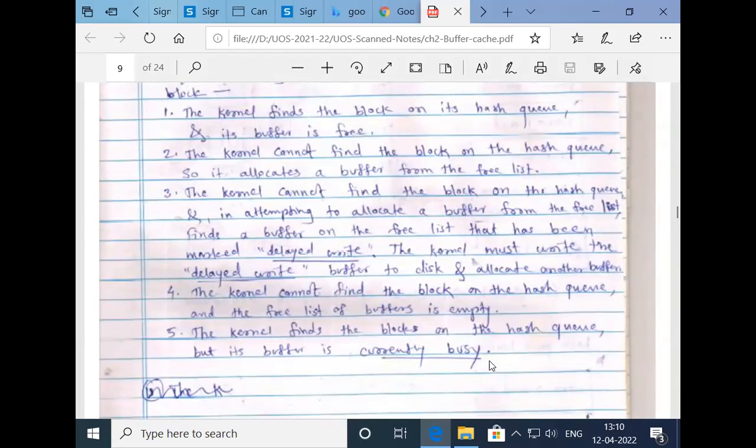Only this is the difference. पहिल्या सिनेरिओ मध्ये तो हॅश क्यू वर असतो ब्लॉक, पण त्याचा बफर पण फ्री असतो. पण पाचव्या सिनेरिओ मध्ये हॅश क्यू वर आहे बफर, पण तो बिझी आहे. It's not a part of free list. This is the basic difference between first and fifth scenario. Note down this statement of fifth scenario. Kernel finds the block on the hash queue, but its buffer is currently busy.